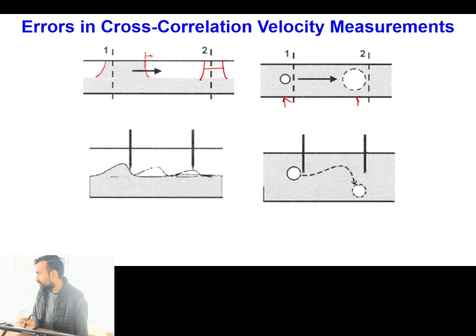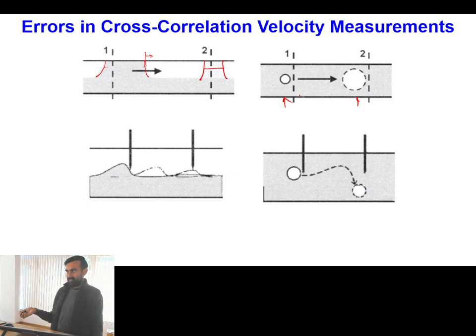But if at location 2 the pressure has decreased, then I will have expansion of the bubble, because at low pressure the bubble will occupy more volume. Okay, so in this scenario again this cross correlation technique will give you the velocity as velocity of bubble plus velocity of expansion of the bubble interface. Okay, it will not give you the exact value of the bubble velocity.